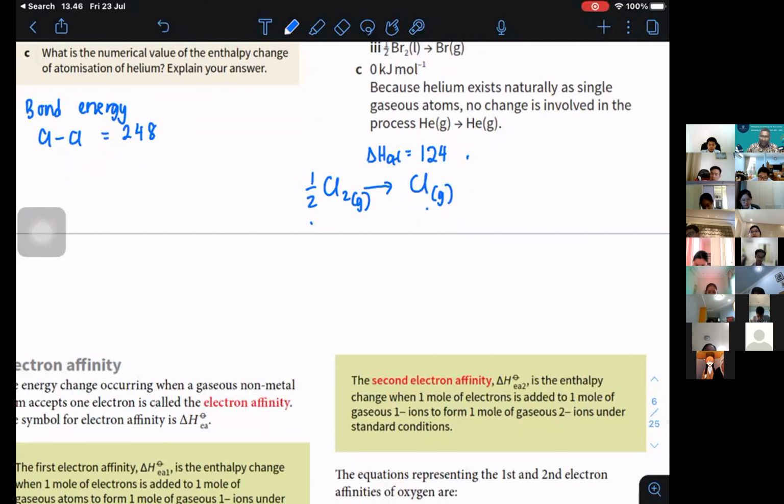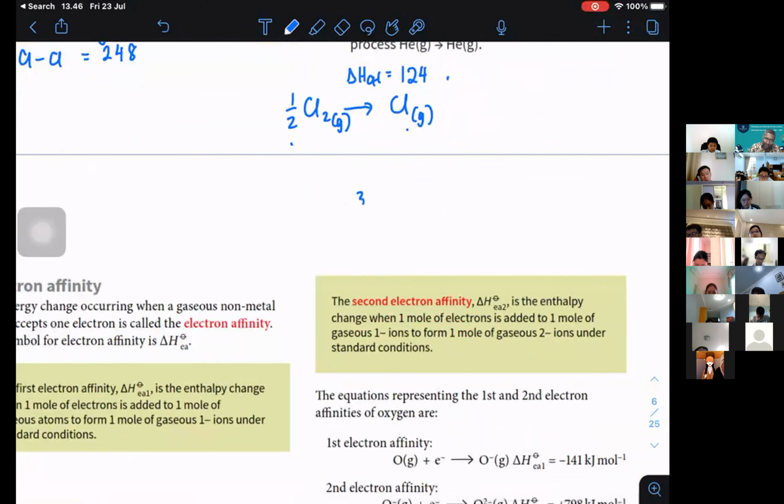But what happens if I have 3/2 Cl2 and you are forming 3Cl? If someone has done the AlCl3 Born-Haber, you will know what I mean. So if you have 3/2 Cl2 and I want to get 3Cl, gas and gas, and I have enthalpy of atomization, what should I write down?